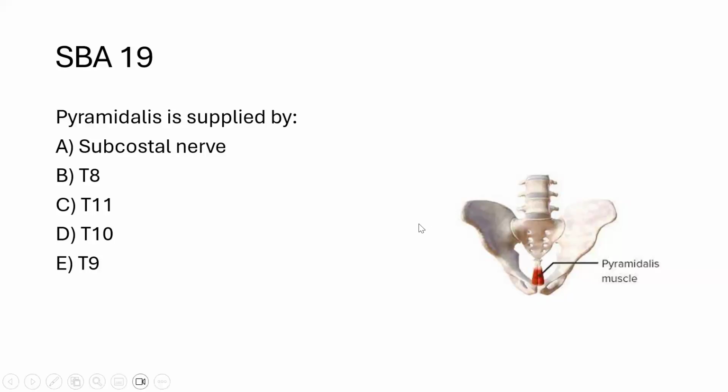So 20% population, it is supplied by subcostal nerve, and the arterial supply is inferior epigastric artery. Inferior epigastric artery is a branch of external iliac artery. Good.